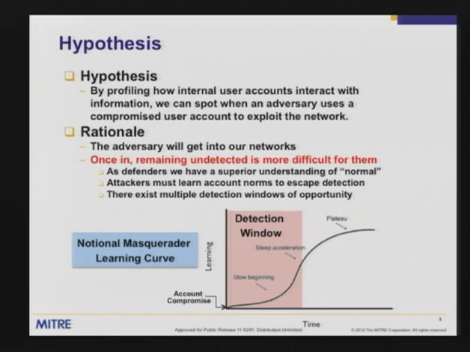So that's what we mean by the learning curve to masquerade as a user, and this detection window, where if there's a compromise, they're trying to follow their script and do their threat pattern activity without really knowing what the credentials were normally used for. That's an opportunity, if you have a model of their previous activity, to potentially see a change in behavior.